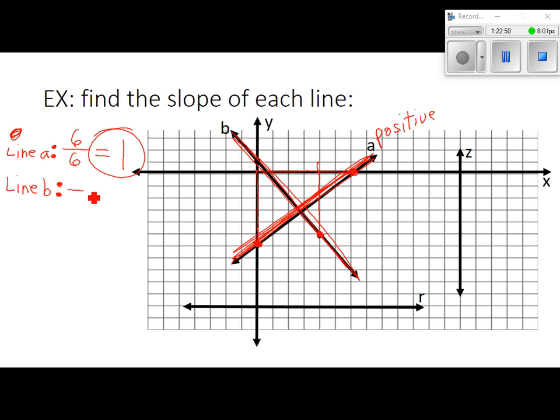I go up 6. Then I go 1, 2, 3, 4 to the left. Well, 4 to the left is going to be a negative 4. And if I reduce that down, that's going to reduce to 3 over negative 2. Notice it has a negative slope, negative 3/2.